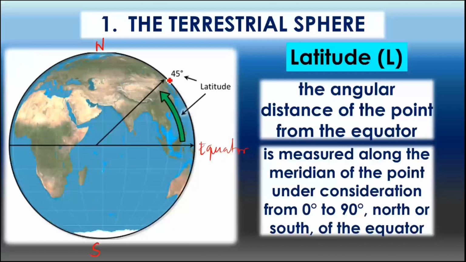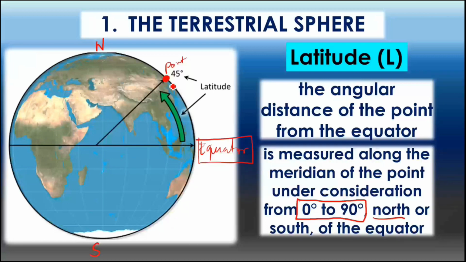If we have a point here, say that this is the point, considering the equator, from the equator we measure the angle, 0 degrees to 90 degrees north or 0 degrees to 90 degrees south of the equator. So in determining the latitude, what you need to consider is the equator.